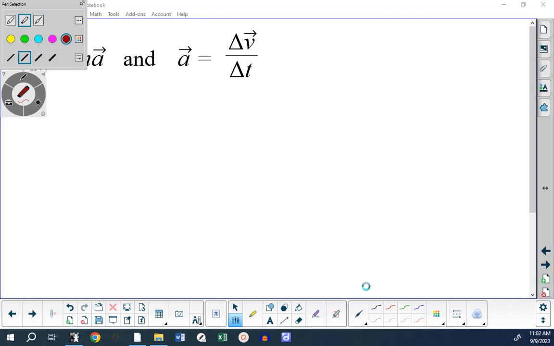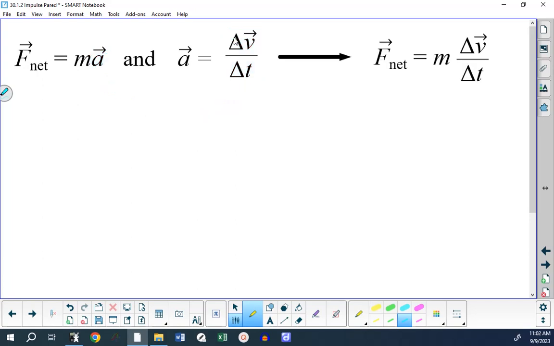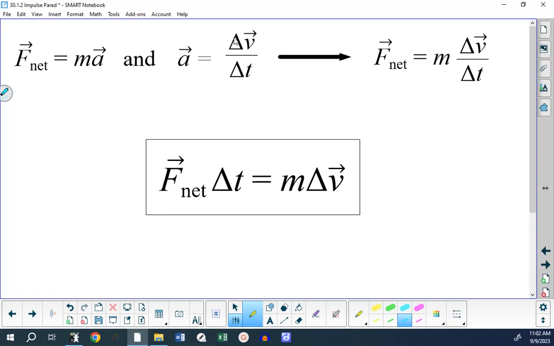All I'm going to do, everyone, is take this and put it in there because that's what acceleration is. So rather than having ma, I'm going to have m times delta v over delta t. And if I multiply both sides by delta t, I get this thing, which connects everything together. This is a marriage of dynamics, F equals ma, and kinematics, a equals delta v over delta t.